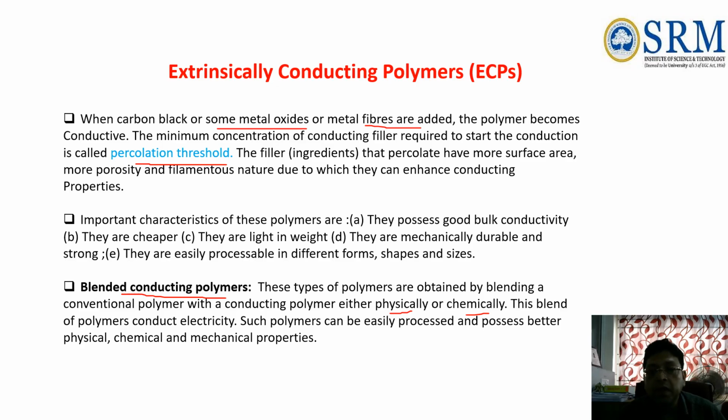One polymer is conducting in nature, the other polymer can be the conventional type. By blending together either chemically or physically, it will be referred to as a blended conducting polymer. Such polymers can be easily processed and can have better physical, chemical and mechanical properties.